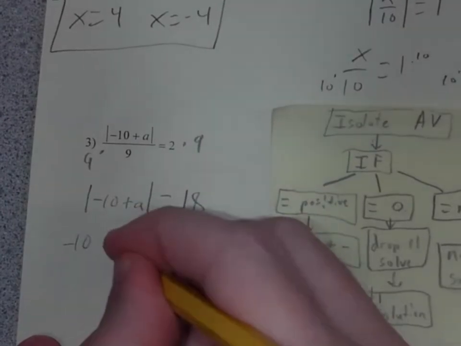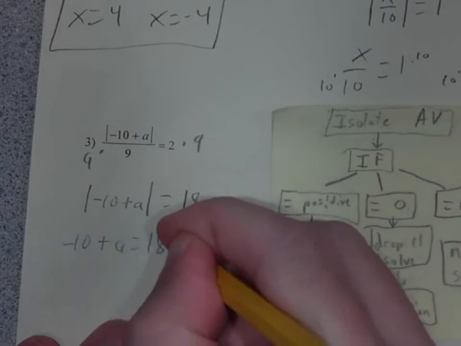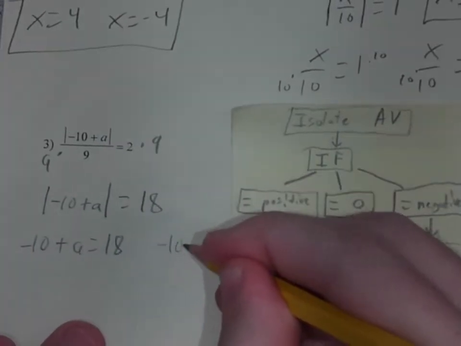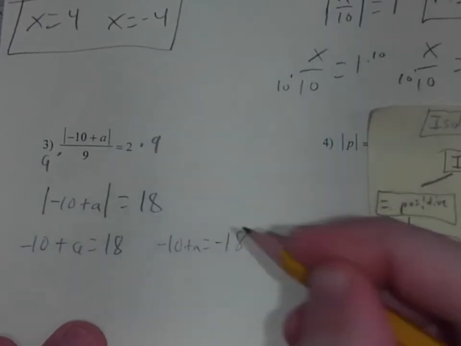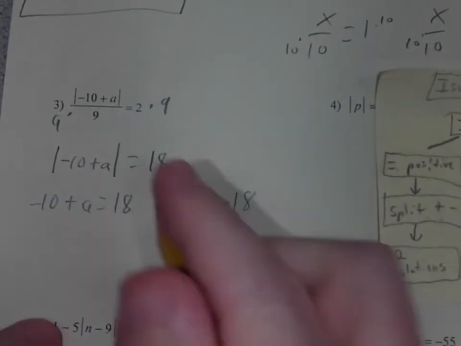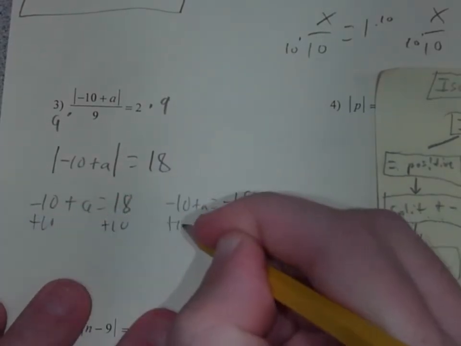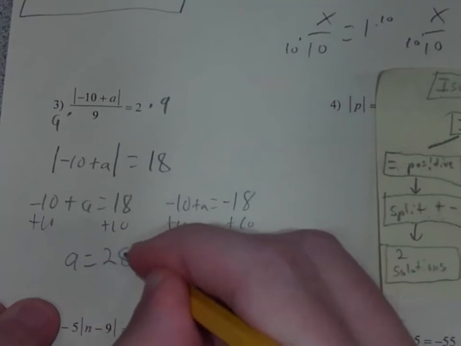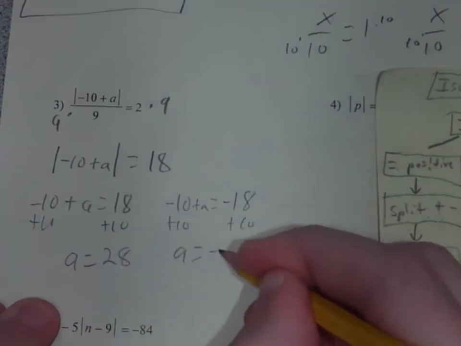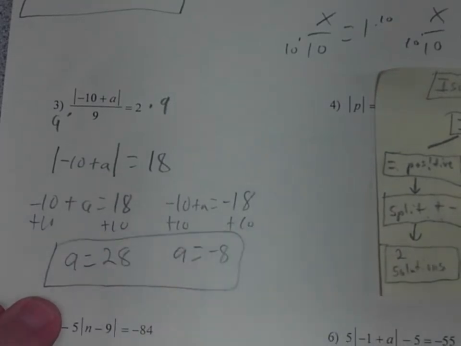So negative 10 plus a could equal positive 18, or negative 10 plus a could equal negative 18. And then you would just solve that one-step equation by adding 10 to each side, which gives me a is equal to 28, or a is equal to negative 8. And that would be your answers.